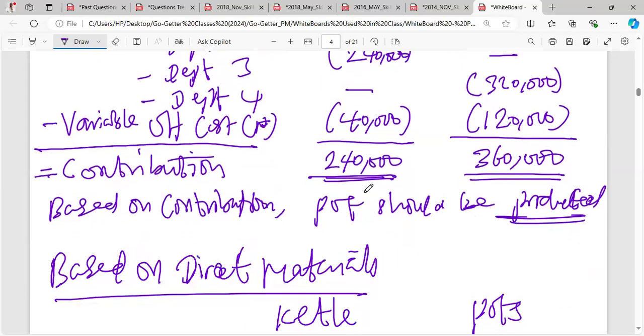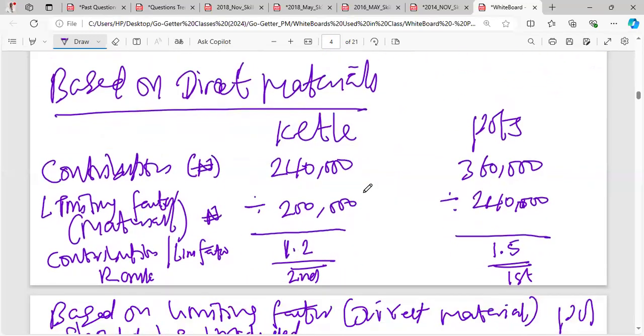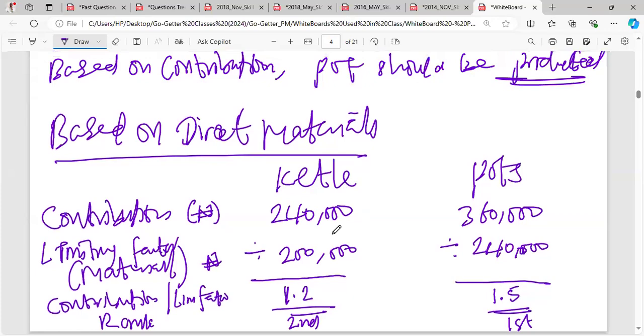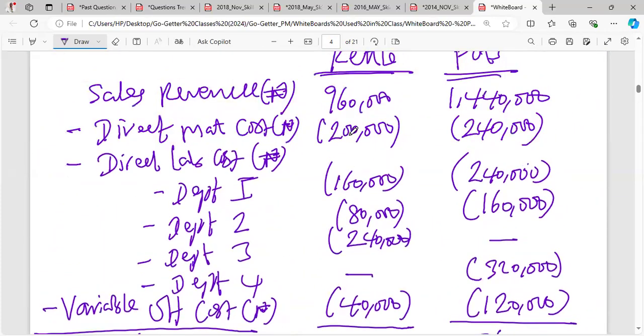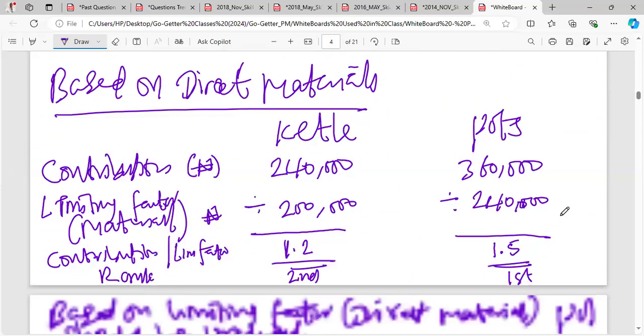Now, based on direct material as a limiting factor, which one will be profitable? We know our contribution, we will now need to know contribution per limiting factor. The limiting factor is material, and we are told that our material was 200 and 240, which we brought down here.